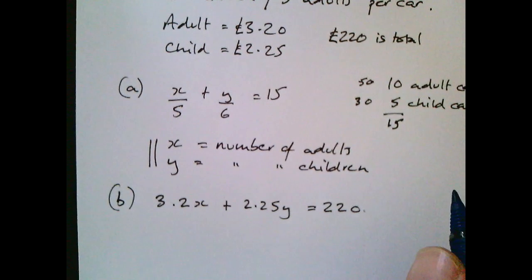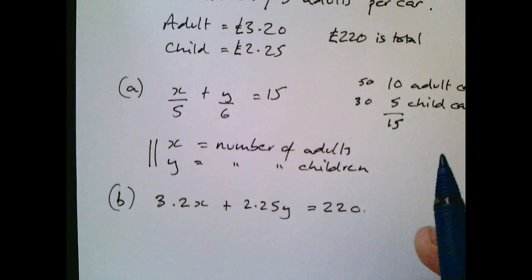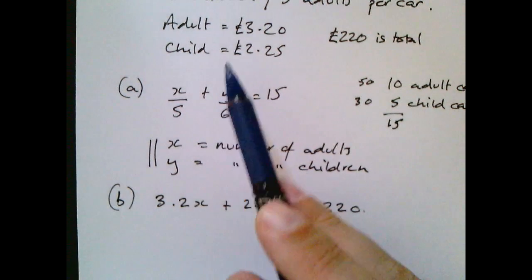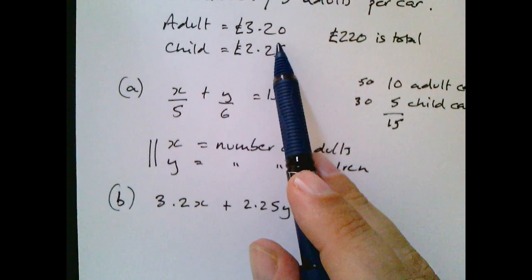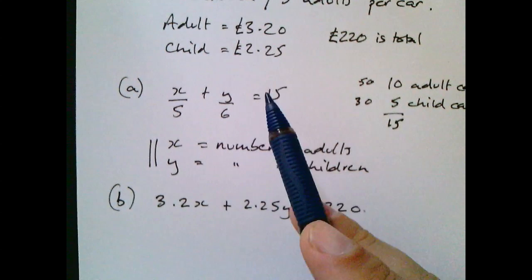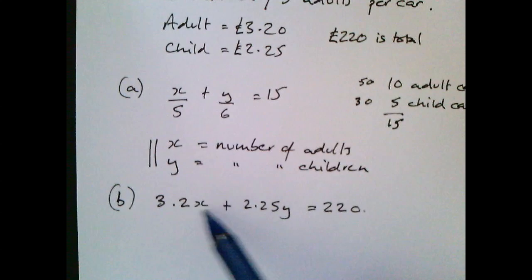If there were 100 adults and 100 children, you would get £320 spent on adults and £225 spent on children. This is what this multiplication is doing.